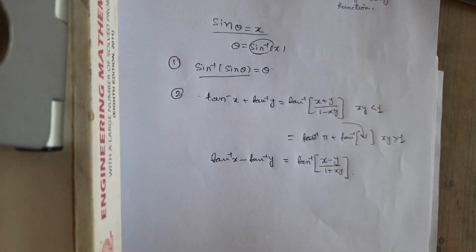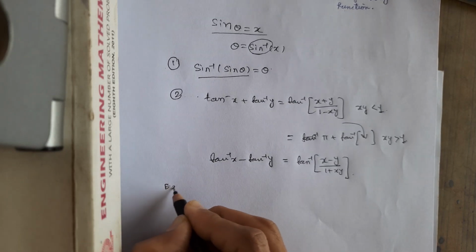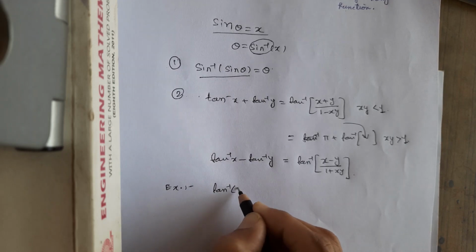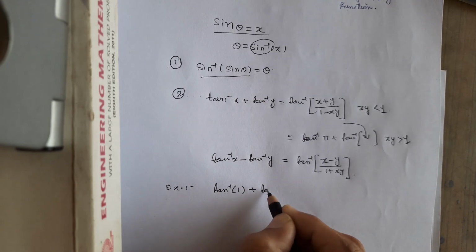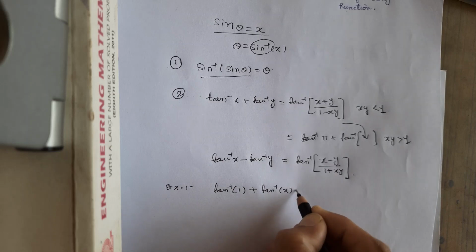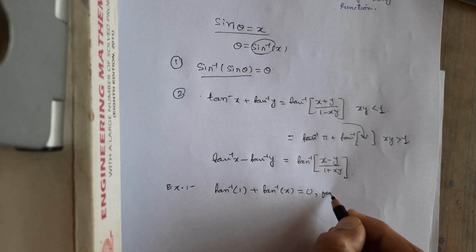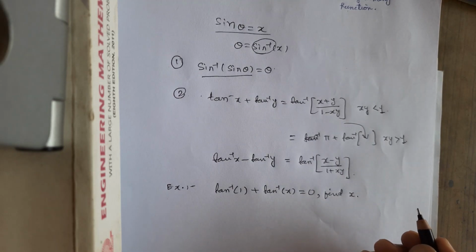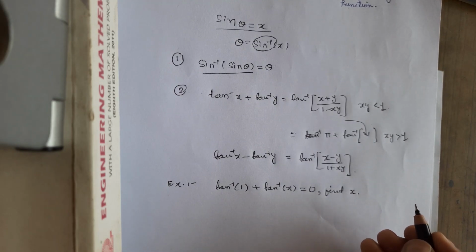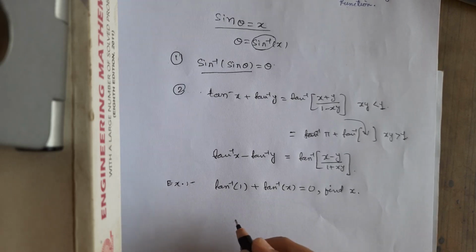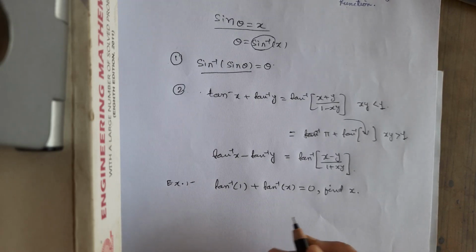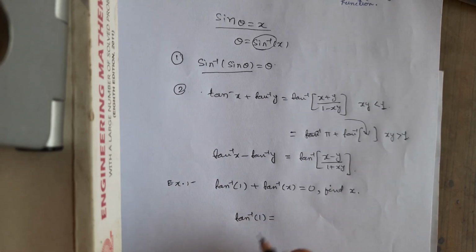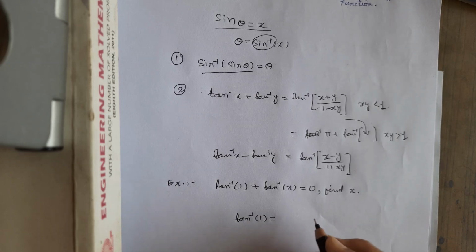The first example I want to discuss: tan inverse of 1 plus tan inverse of x is given as 0, and I want to find the value of x. Solution: first of all I will find the principal value of tan inverse of 1.